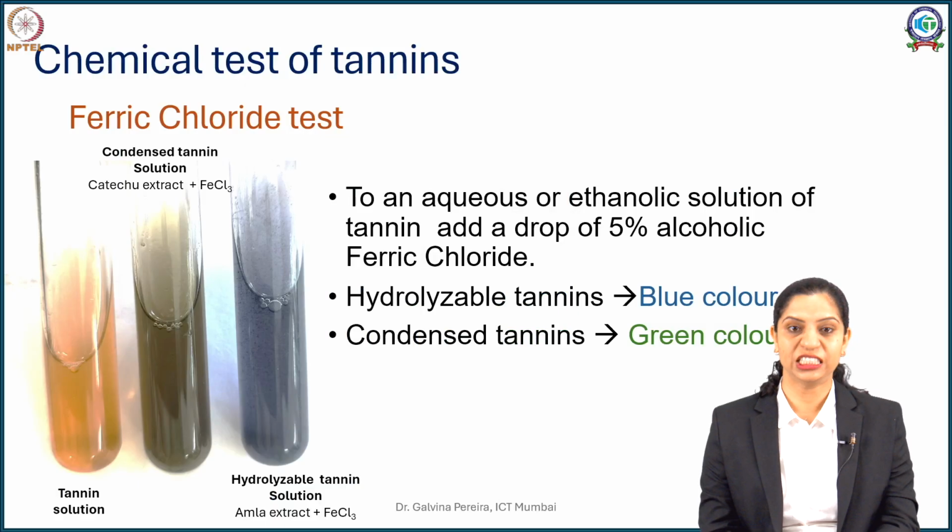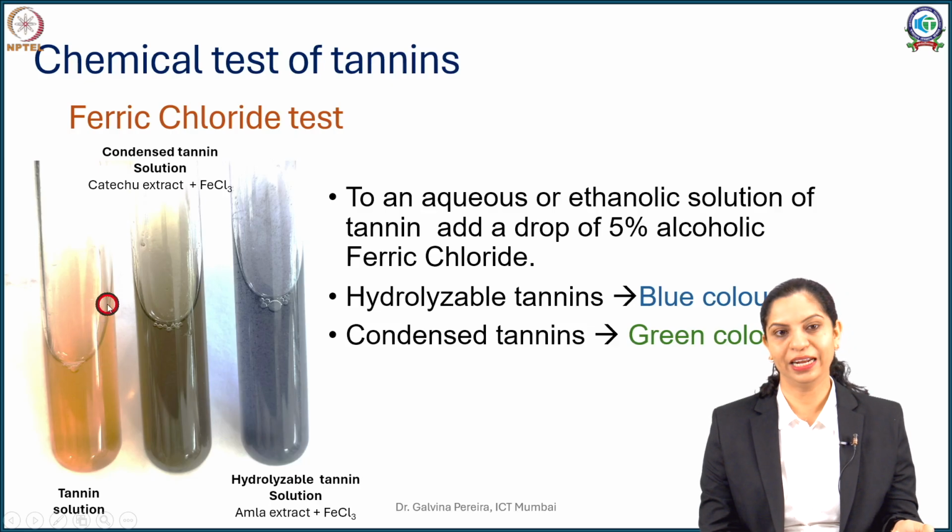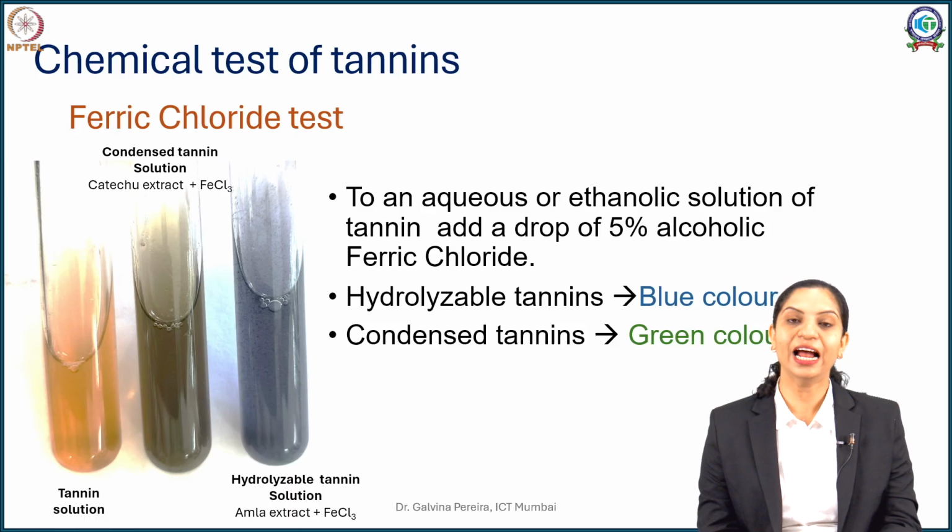Now why this is a distinguishing test is, if you take a tannin solution, as you can see here, principally tannins are buff to brown color compounds, so your extract appears something like this. Now I have taken one extract which is rich in hydrolyzable tannin and one extract which is rich in condensed tannin.